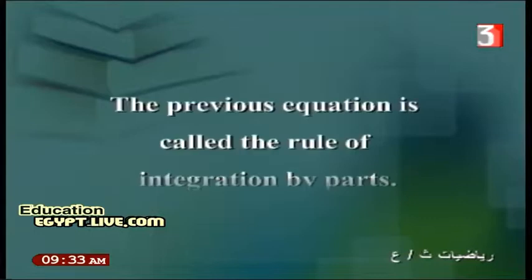and this method is called the rule of integration by parts. Example, find the integration of x multiply e power x dx. Now let y equal x and dz equals e power x dx. We can choose y equal x as a part and another part dz equals e power x dx.